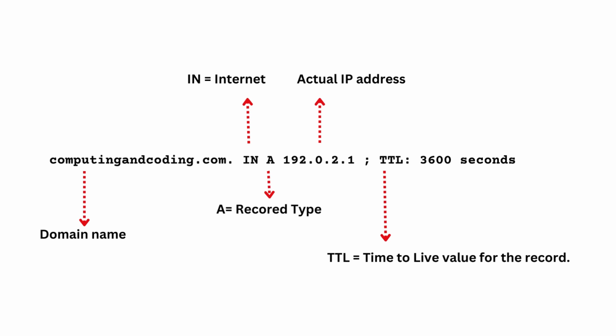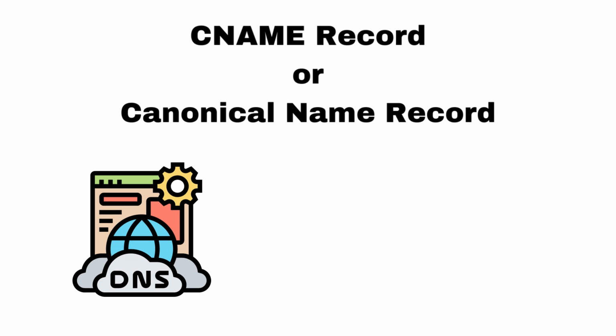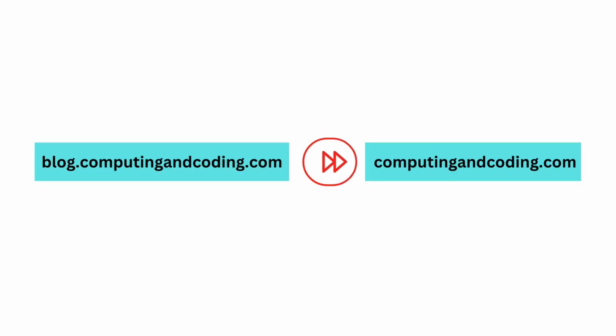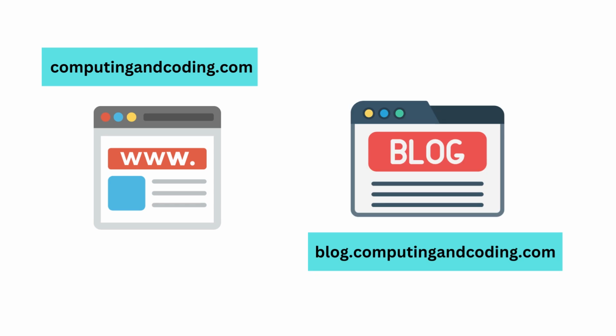The next record type is the CNAME record. A CNAME, or canonical name record, is a type of DNS record used to create an alias or nickname for a domain. It allows one domain name to be mapped or pointed to another domain name rather than directly to an IP address. Let's say Computing and Coding has a website with the main domain computingandcoding.com, and they also want to set up a subdomain for their blog called blog.computingandcoding.com.